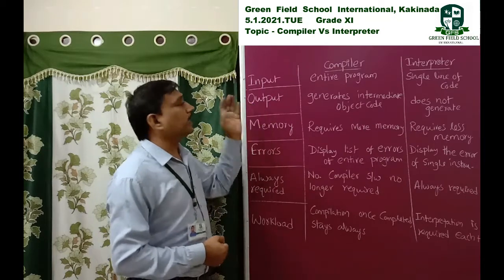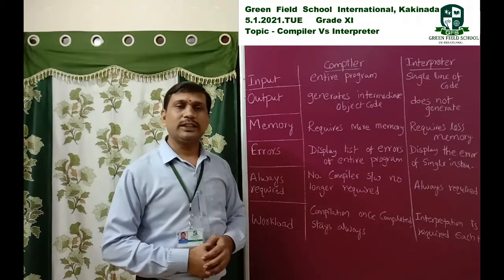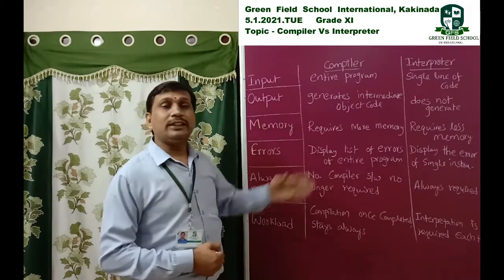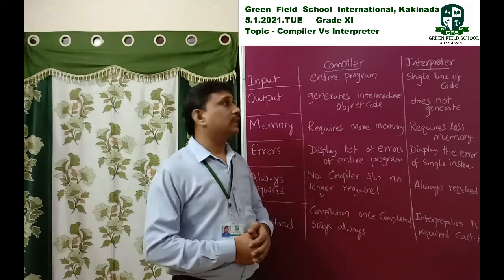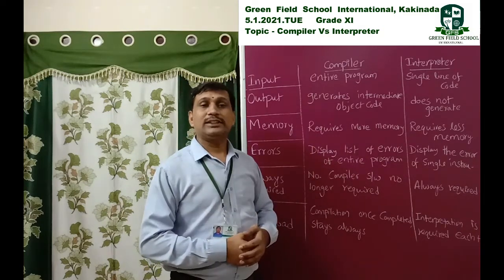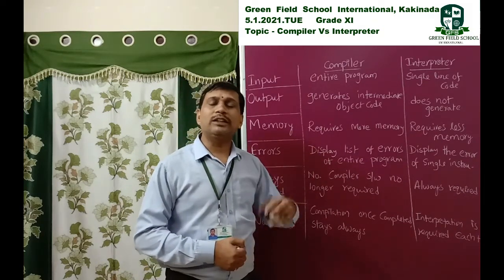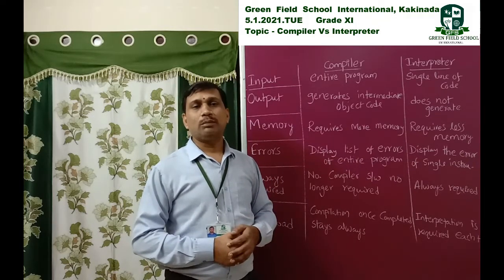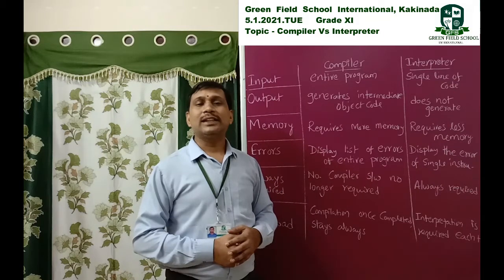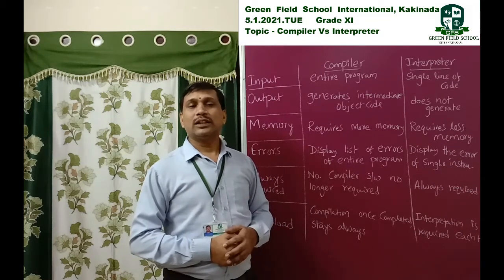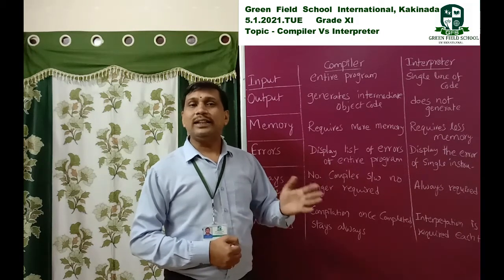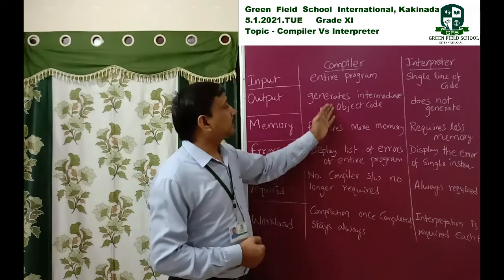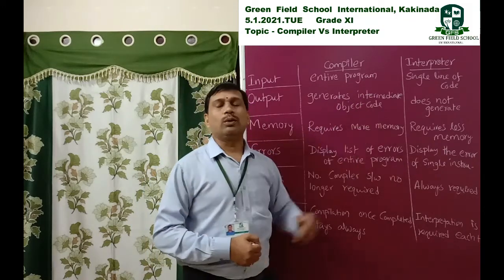When it comes to the second point, output. See here, the compiler process generates output after completion of the second step, the compilation process, when both the analysis and synthesis subphases are completed.